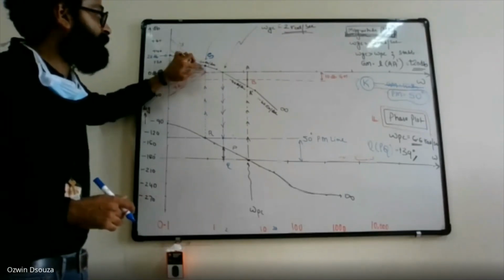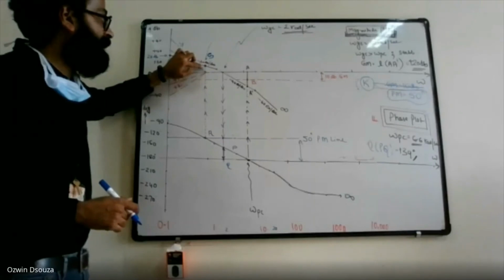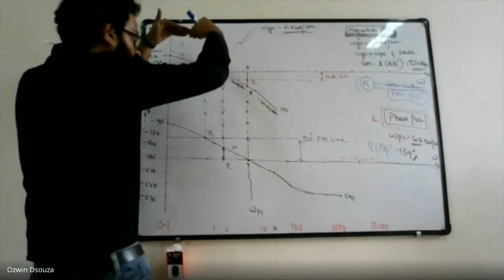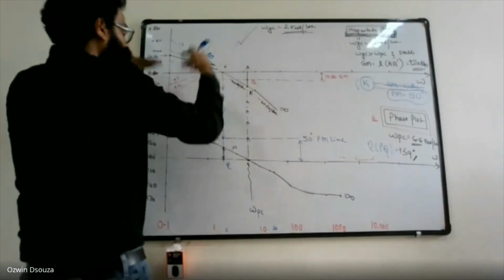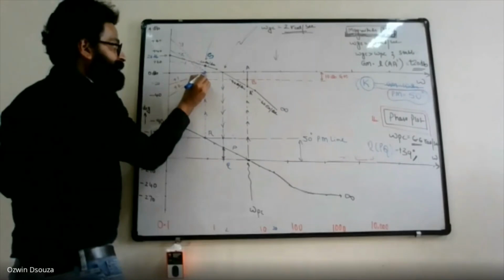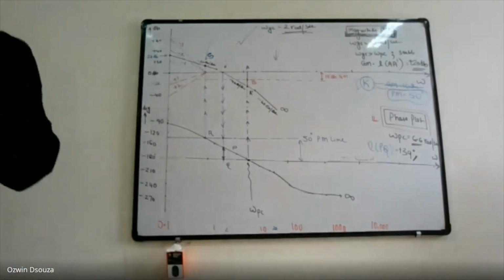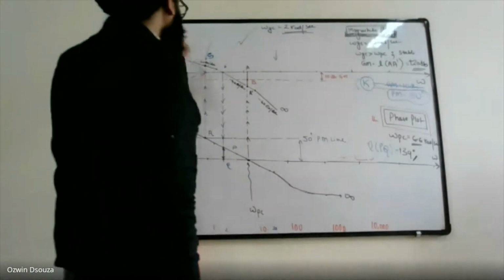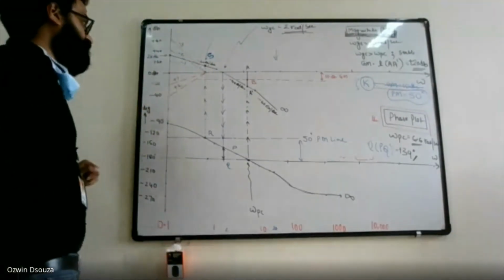Instead, the magnitude is staying at non-0 dB, right? So you have to push your magnitude plot downwards so that this point S stays on 0 dB line. So you have to push down the magnitude plot such that the point S stays on this 0 dB line.